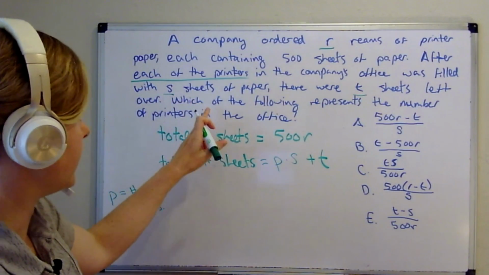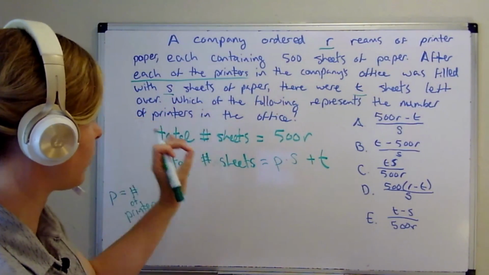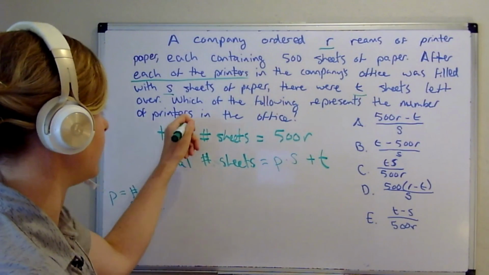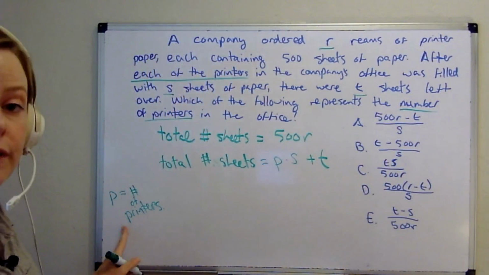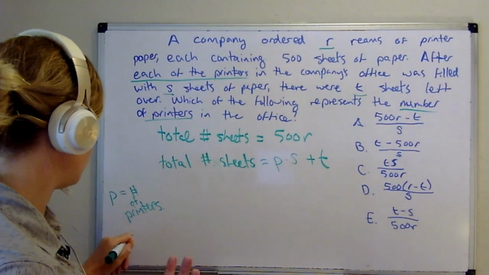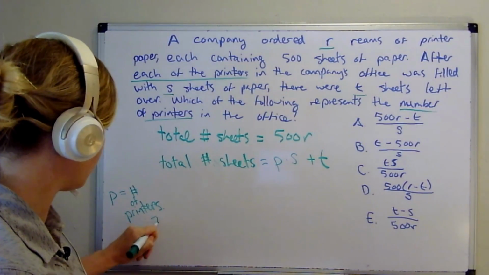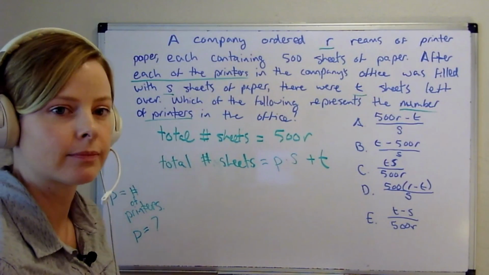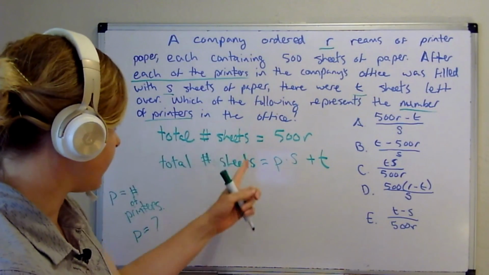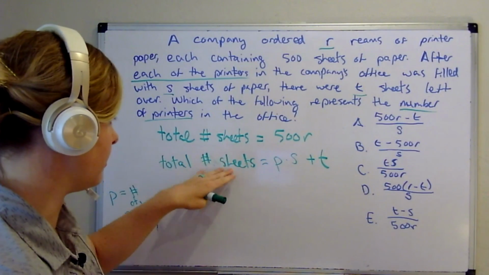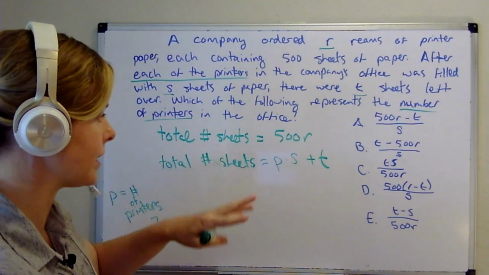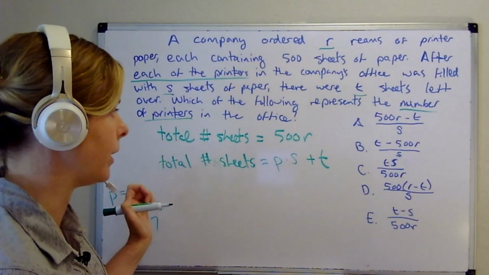The final thing to note here is the actual question, which is: which of the following represents the number of printers in the office? Luckily, we already have a nice variable defined for number of printers. So in terms of where we're going, all we're going to do is solve for P. Looking at these, the easiest way to combine them is that I've got total number of sheets on one side of each equation. So let's set these equations equal to one another.